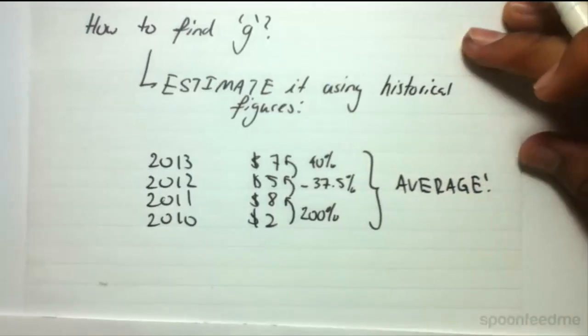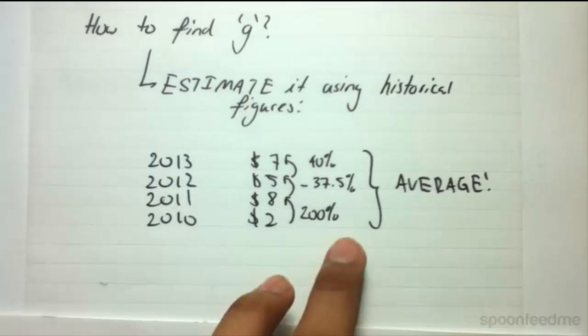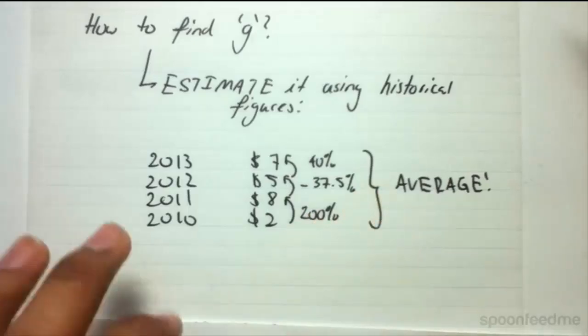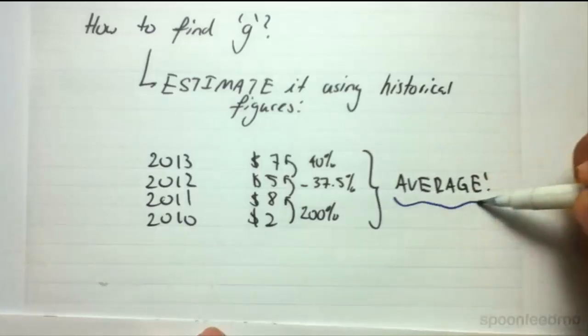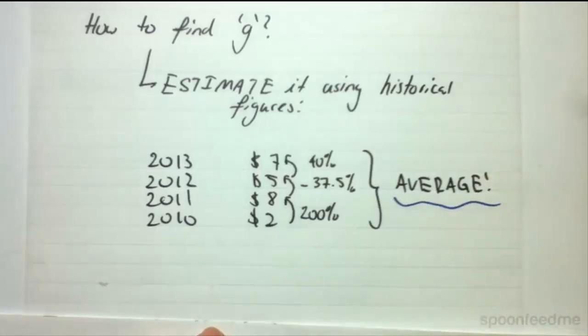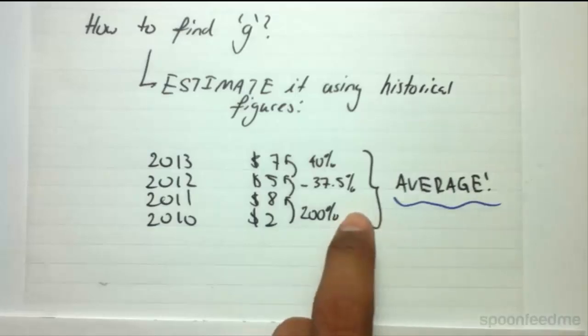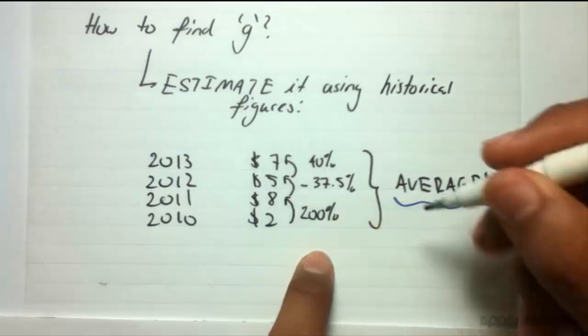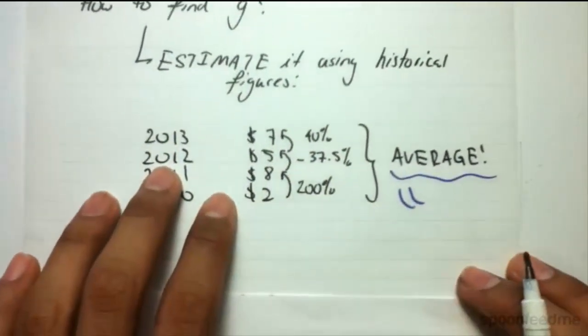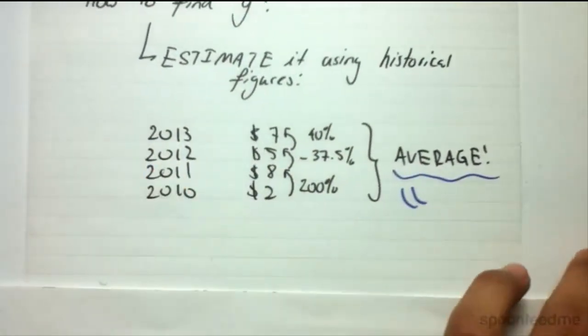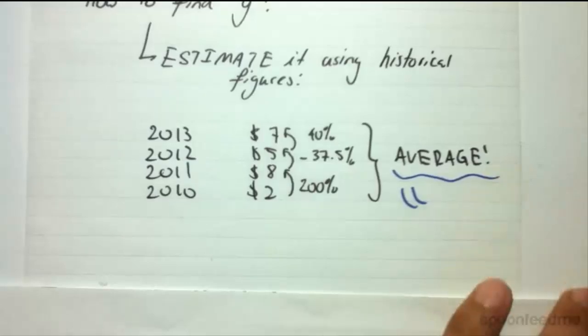What we do to estimate growth is get the growth between each year, and then calculate its average. So given these growth rates, and we want to estimate a G to use, we would just take the average.